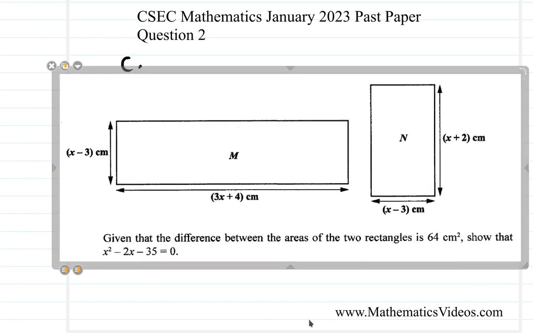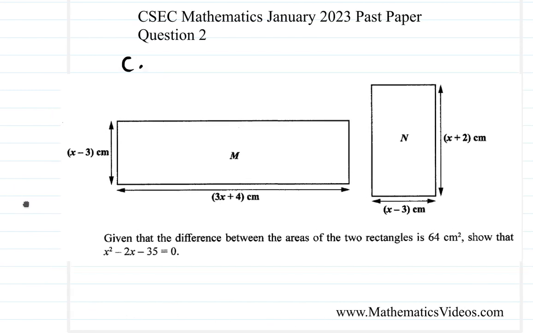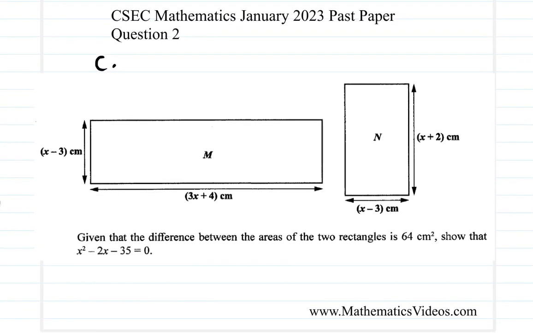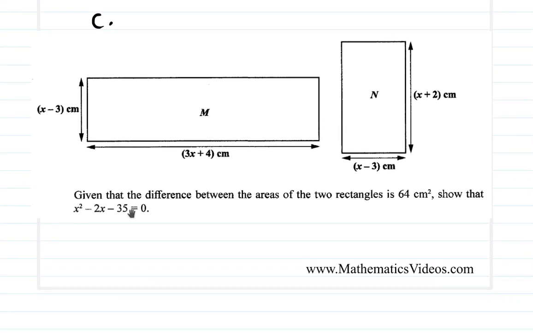Let's see what's going on with this now. The difference between the areas is 64 cm squared.